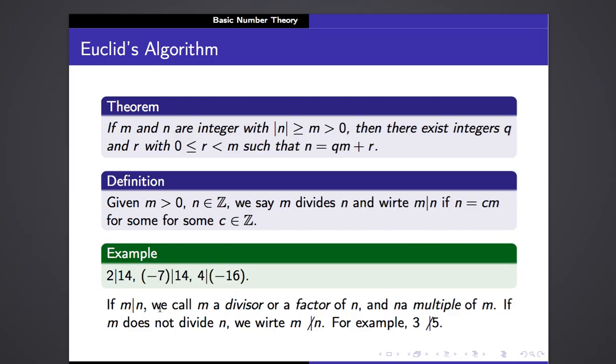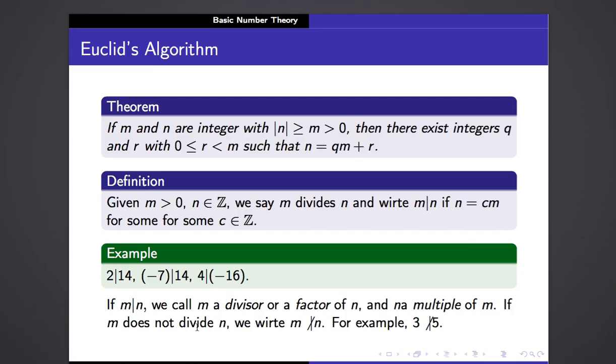So if m divides n, we call m a divisor or a factor of n, and n a multiple of m. So in that case, m is called a divisor of n, or n is called an integer multiple of m.